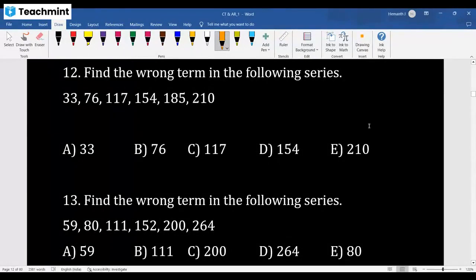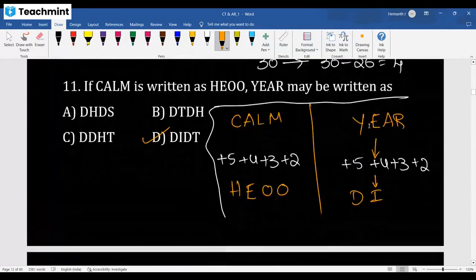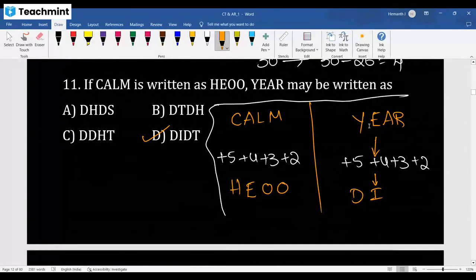Are you okay with this previous question? This one. Hope you are done with the previous.